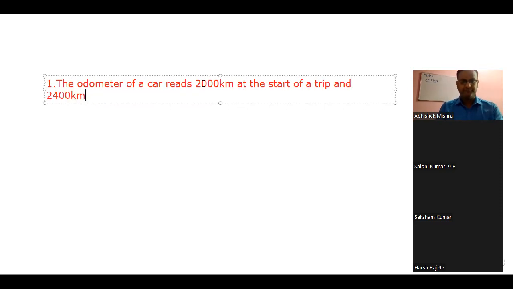and 2400 kilometer at the end of the trip. So you can see, students, initially it read 2000 kilometer at the start, and now it is showing 2400 kilometer at the end.